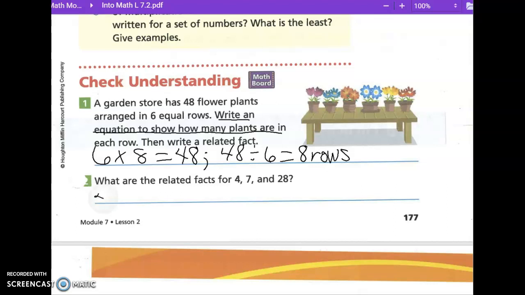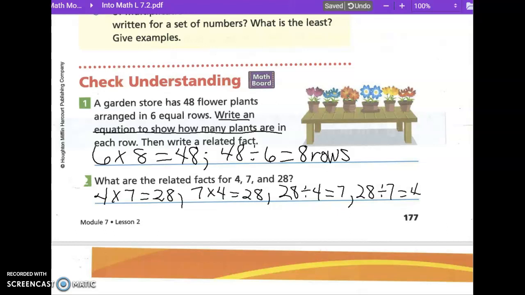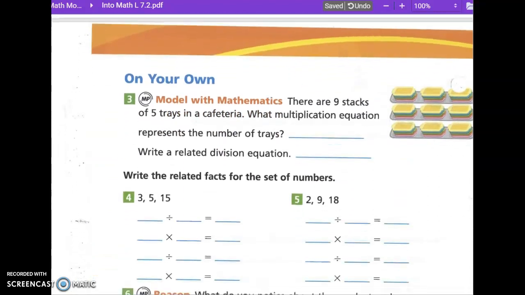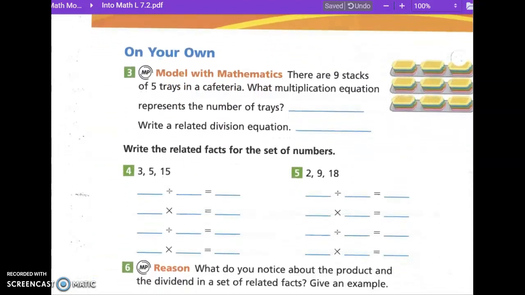So you should write 2 multiplication sentences and 2 division sentences. Then once you're done with that, you can go to the back. Please try to do the back on your own, and then you can come back and look at the recording to get the answers. So if you're working at home, please stop your video.